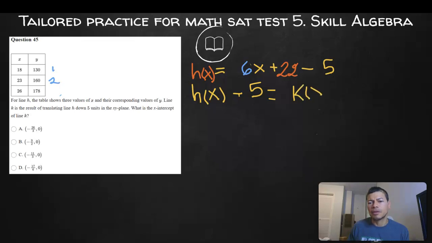This is going to give me k of x, and the slope is going to be the same. So I'm going to have 6x, the same slope. And 22 minus 5 is going to be 17. So it's going to be plus 17.